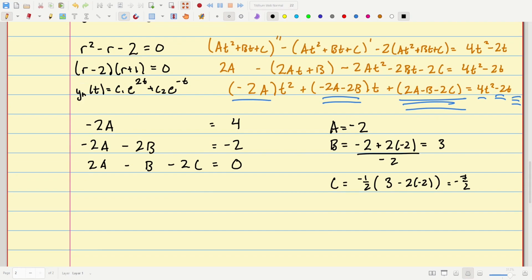So put all this together. We have our expression now for our particular solution.